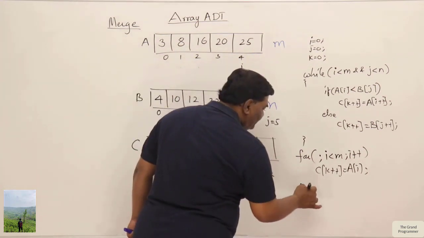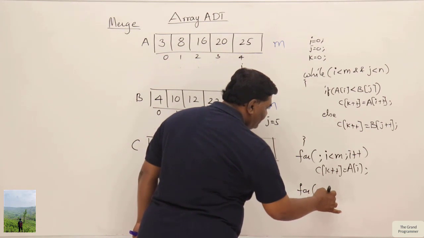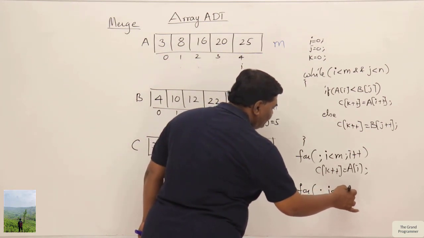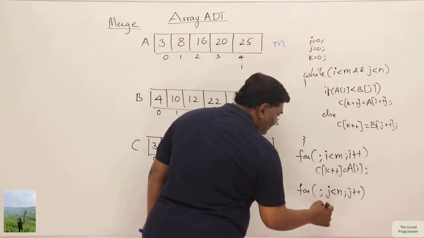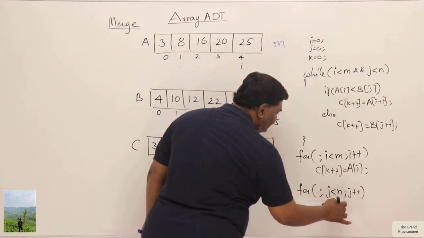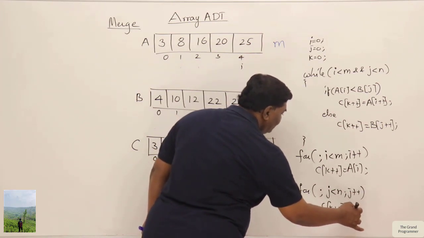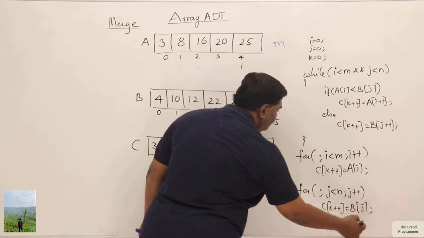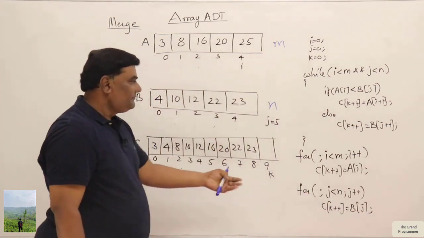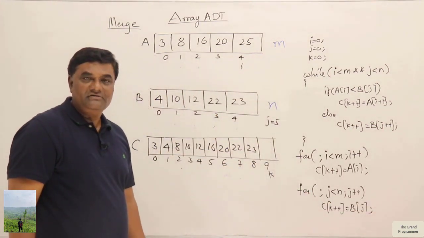If there are some remaining elements in the second list, then copy: J less than N, J plus plus, and C of K plus plus assign B of J. So this is the code for merging.